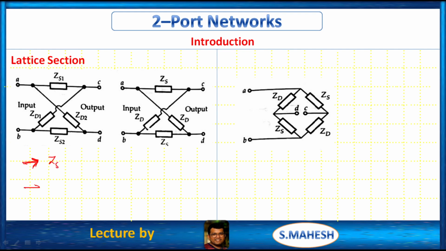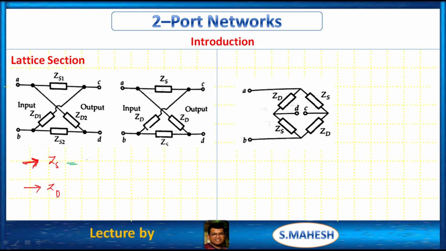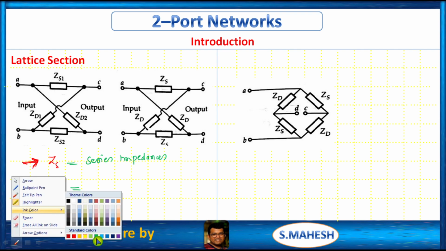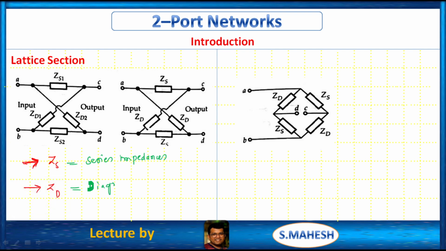ZS means series impedances, next ZD, sorry, diagonal impedances. So these are the series impedances and these are the diagonal impedances.